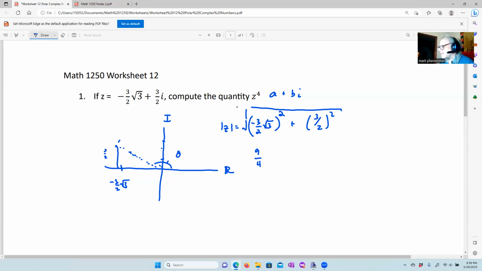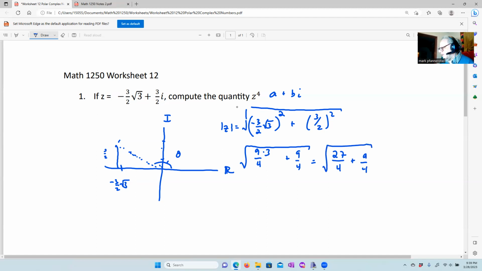The square root of 3 squared is 3. Okay, and then plus 3 halves squared is going to again be 9 quarters. And we have this whole thing under a square root. So this is going to be 27 over 4 plus 9 over 4.